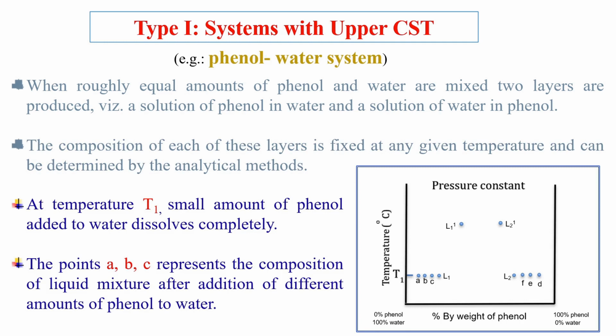At temperature T1, when small amounts of phenol are added to water, it dissolves completely. If you observe the graph, the points A, B, C represent the composition of liquid mixture after addition of different amounts of phenol to water.